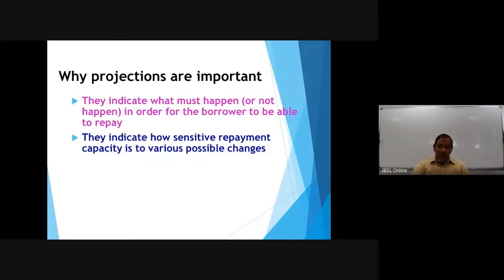If the profit is declining to 18%, then what is the sensitive position? If it is increased to 25%, what is the position? So this is called sensitivity analysis. It can be applied for any factor. What is the sensitivity for repayment of the customer? What will affect the customer?